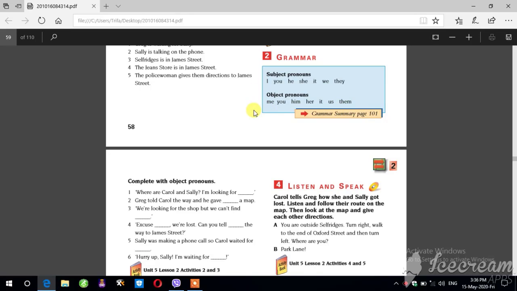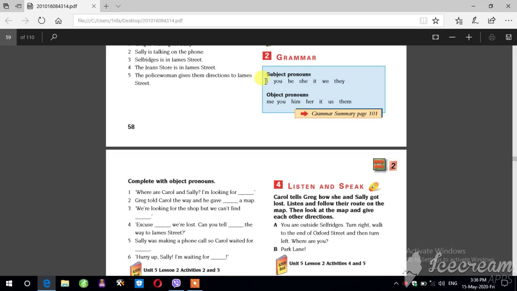So if we use these pronouns as a subject, we have to say I for the first word of the sentence. But if we change this I for object pronouns, we have to change it for me. I and me have the same meaning.